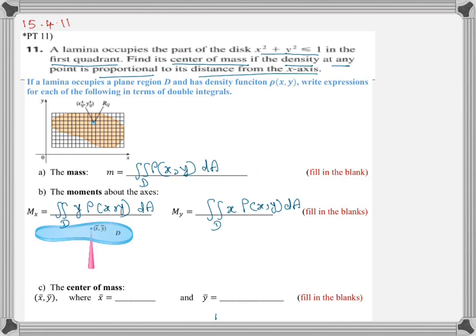The center of mass is denoted by (x bar, y bar), where x bar is M_y over M, and y bar is M_x over M. The center of mass of this thin plate is the point where the plate gets balanced.